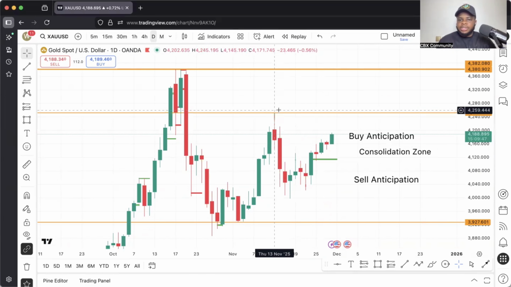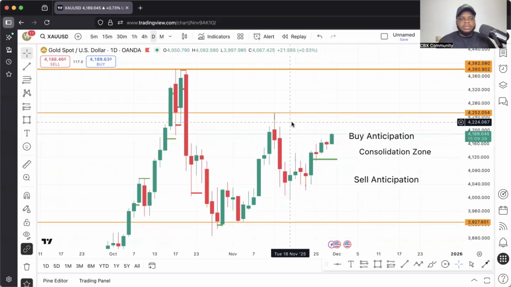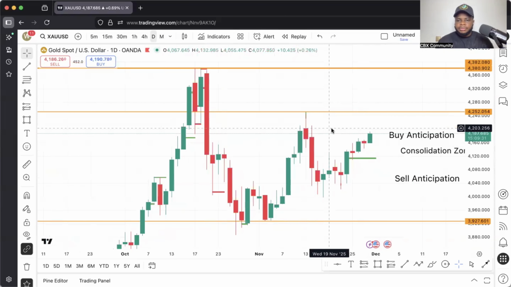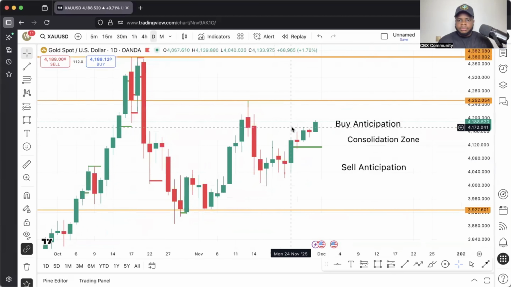Then we can anticipate taking a position for the next candle to keep going up to this all-time high on gold. But for now, we don't need to do anything. This is just for people that are trading daily, or you're a swing trader. So on the daily market structure, there is nothing serious happening at this moment.